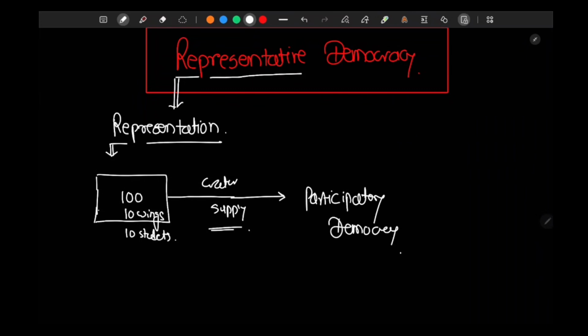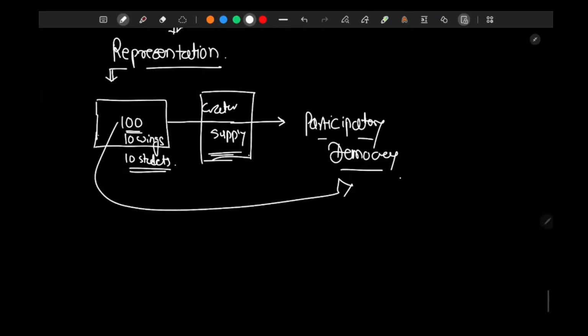All 100 of them are participating in the issue of water supply, then it is participatory democracy, active participation of 100 students in the issue.